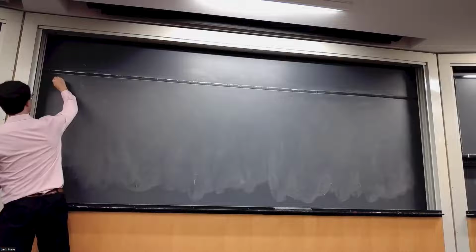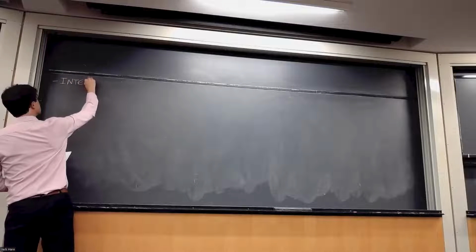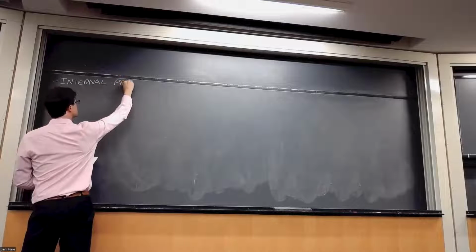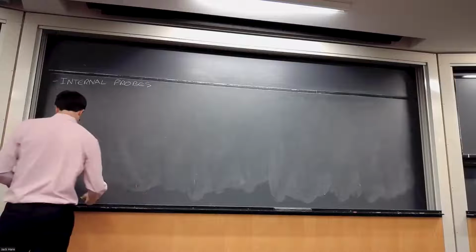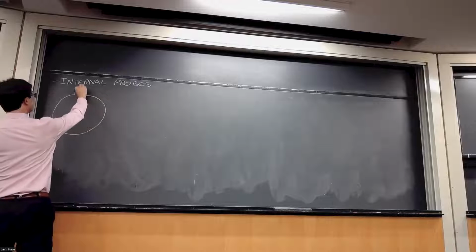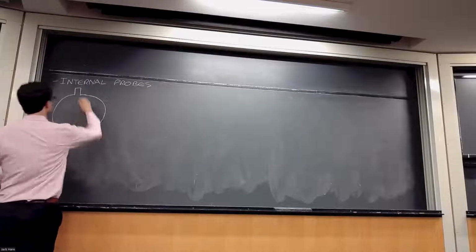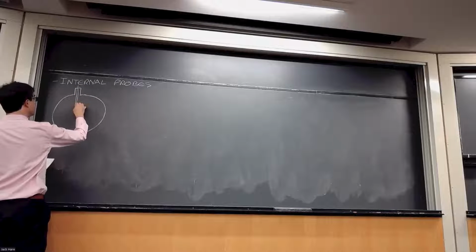So now we're discussing internal probes. Again, we'll have some vacuum chamber with some sort of clever re-entrant port, and we can stick into it our B-dot probe.